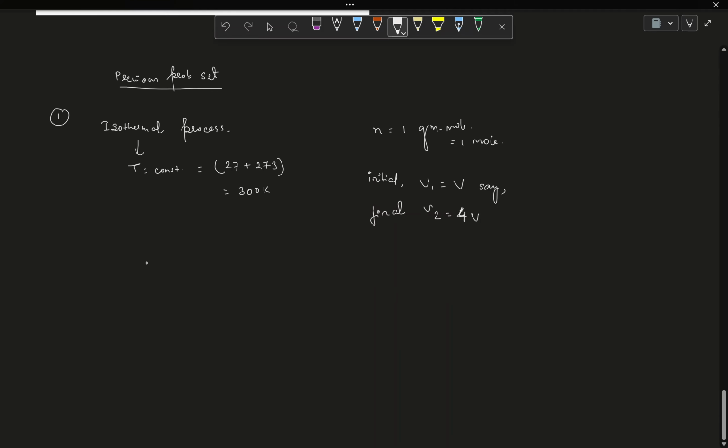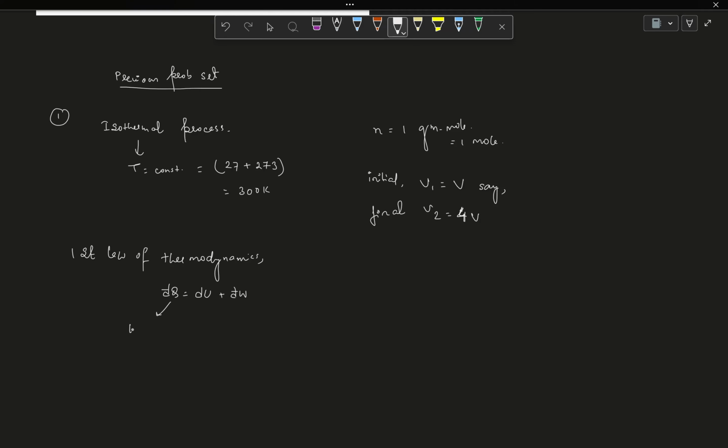Okay, and we have to calculate the work done, or in other terms, the heat extracted from this work done. There is a terminology you have to understand, because we are talking about an isothermal process, and according to the first law of thermodynamics, you know the rule that dQ is equal to dU plus dW.